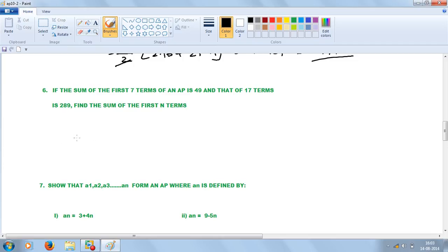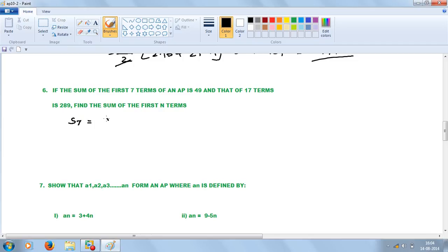This is a little tricky, how exactly you can proceed. The sum of the first 7 terms is given and that of 17 terms. So first we'll take the sum of the 7 terms.